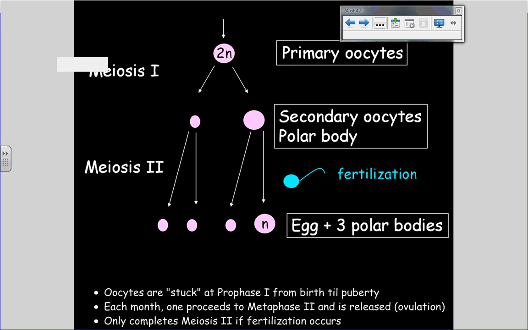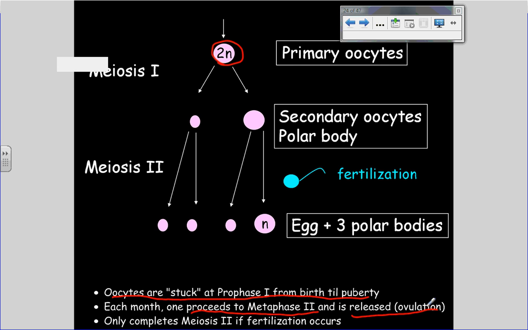Then they are going to start to undergo meiosis, and they are stuck in prophase 1 of meiosis until they reach puberty. Each month, one of them is going to proceed to metaphase 2, and it's released during ovulation.